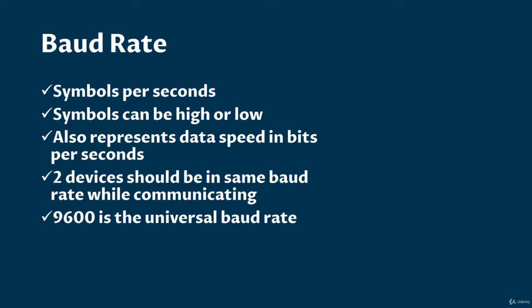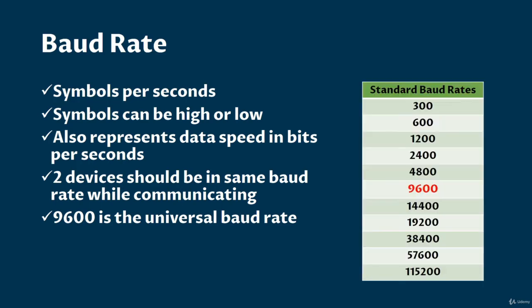In asynchronous communication, they may have a different clock frequency. That's why a speed should be fixed. The unit of this speed is measured in bits per second. In Arduino, you can fix this speed by choosing a value from a known table. So this is a table. Here 9600 is the most used baud rate and supported by many devices.